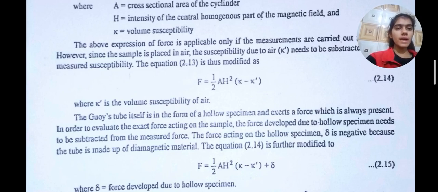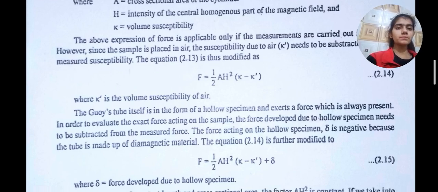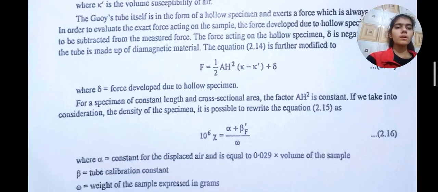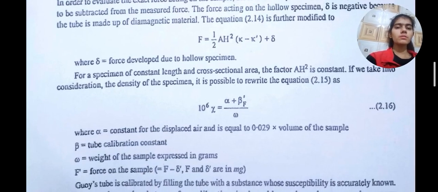The force acting on the hollow specimen, rho, is negative because the tube is made up of diamagnetic material, where rho is the force developed due to the hollow specimen. For a specimen of constant length and cross-sectional area, the factor AH² is constant. If we take into consideration the density of the specimen, it is possible to rewrite the equation as this relation.